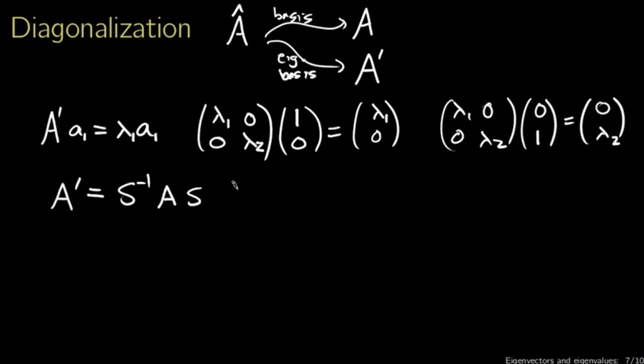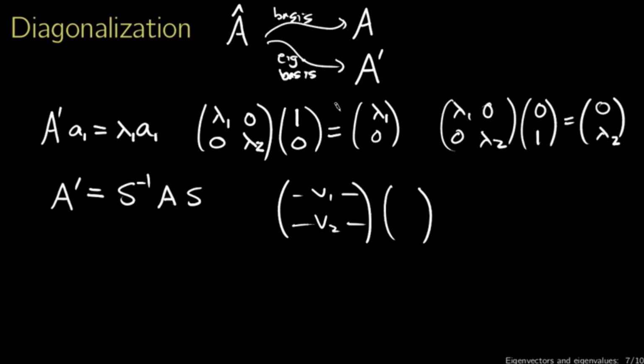If you consider this acting on a vector in the eigenvector basis now, what S has to do is convert from the eigenvector basis to the basis of our original matrix A. So if I have a transformation that goes from my eigenvector basis to the basis of A, I can just straight write down that transformation, that matrix. What it looks like is your first eigenvector as a column, and then your second eigenvector as a column.